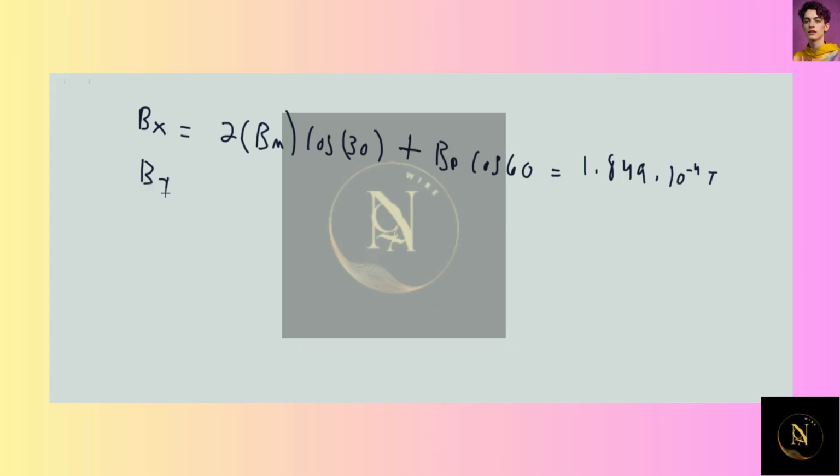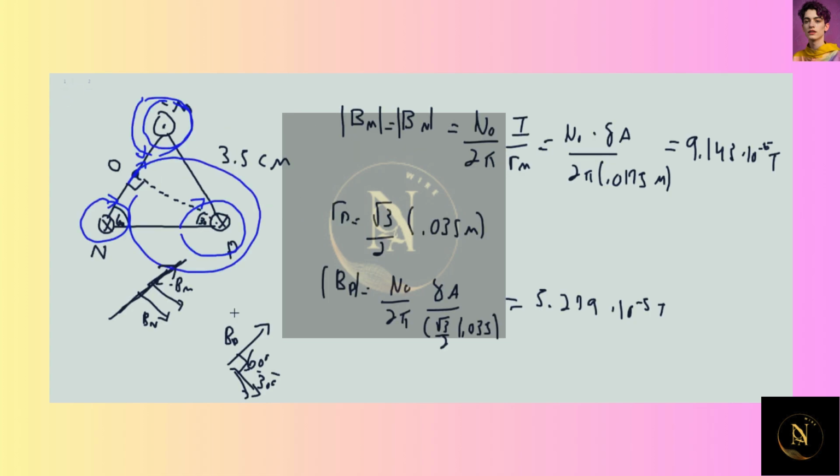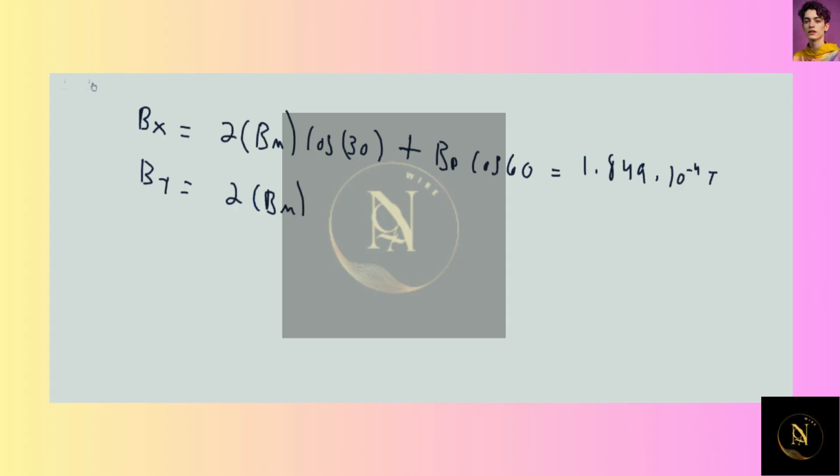And now for the y direction, I'm doing pretty much the same thing. So we have 2 times the magnitude of BM again, but BM equals BN. And it looks like this is going to be in the downward y direction here, so I'll just say a minus, and then we'd want to do sine of 30. So negative 2 BM sine of 30.